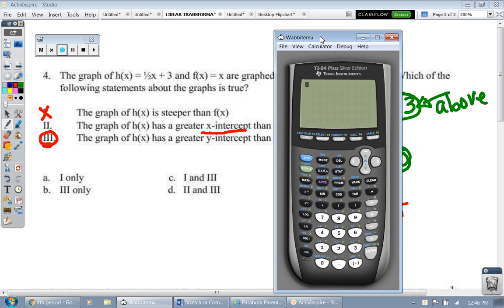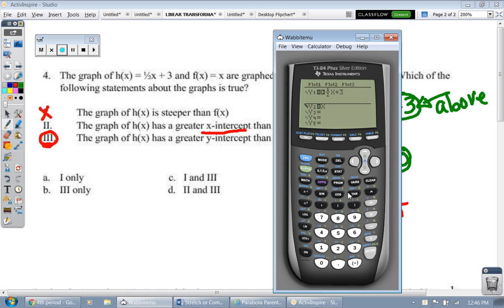If I put these in the calculator and graph them, look at where this crosses the x-axis, and then here's the F graph. Well, it's saying that the H graph has a bigger x-intercept. That's false. The more you go to the left, the smaller these numbers are getting. And so the only answer that's true is Roman numeral 3, which is letter B.